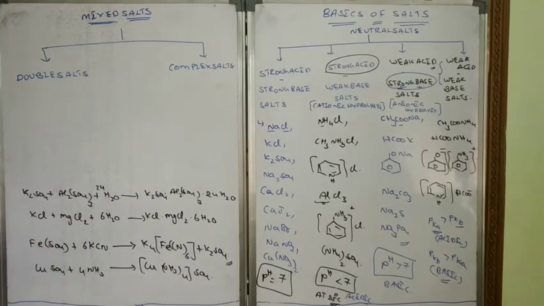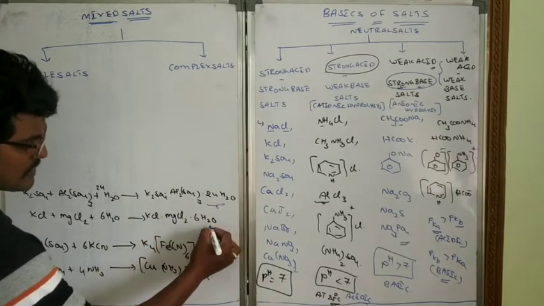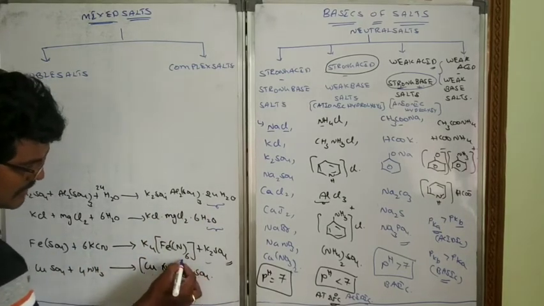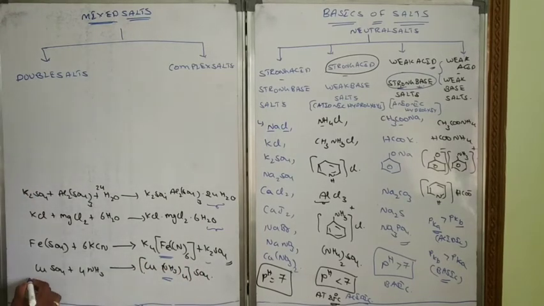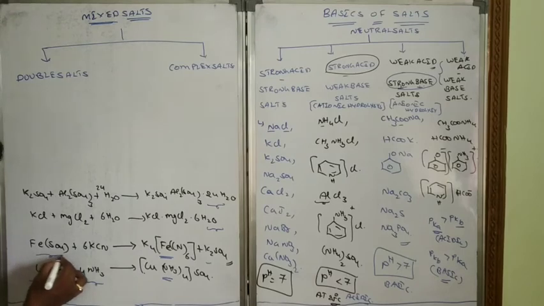So if you observe this, here you are having so many salts. This is one salt, this is one salt, and this is one salt, and this is one salt formed by combination of two or more salts.